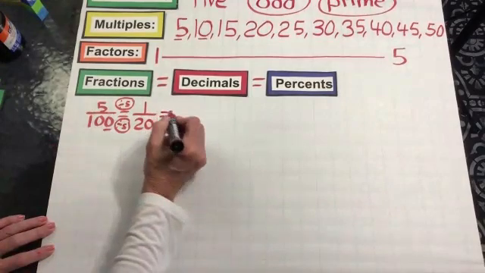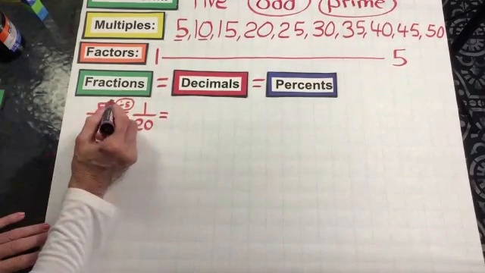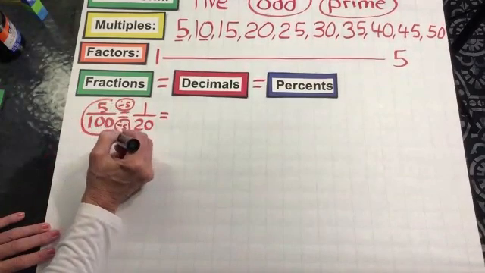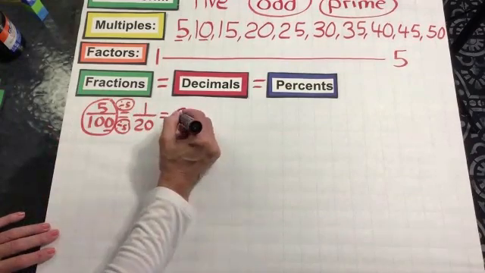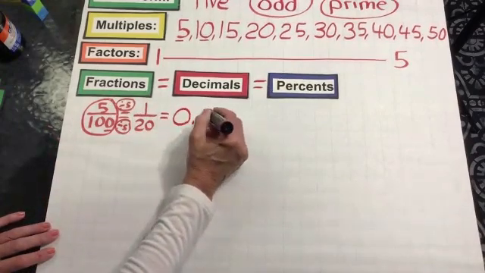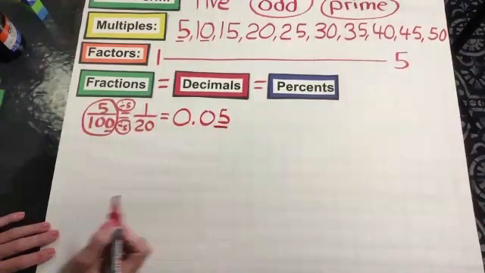All right, so let's go for our next equivalent decimal. And remember, we always go back to the original fraction. So this would be 5 hundredths. So we want to go right to the hundredths place.